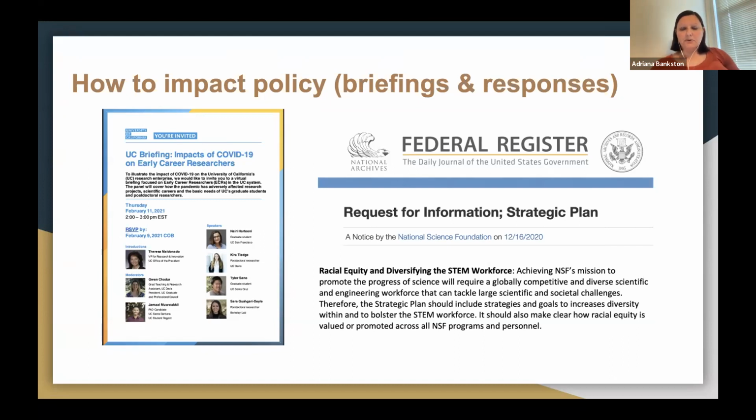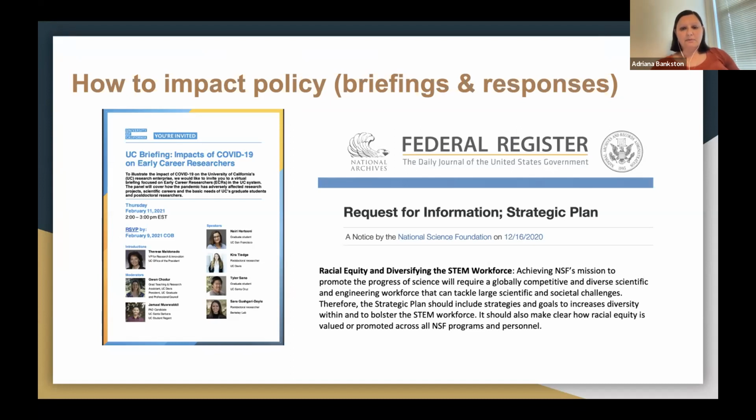Other kinds of things you can do, and I'm also proud of this one. In 2020, NSF was looking for information on their strategic plan, how they can improve things, what they can do better for the research enterprise. So we submitted a paragraph, which you can see here, around the STEM workforce, together with other universities. It was a joint document organized by an association, and this is where that consensus building comes in that I brought up.